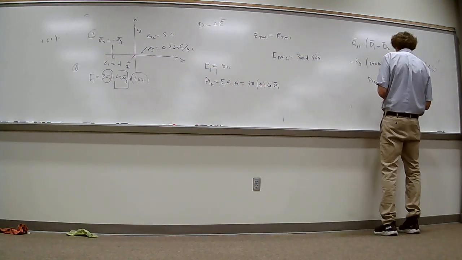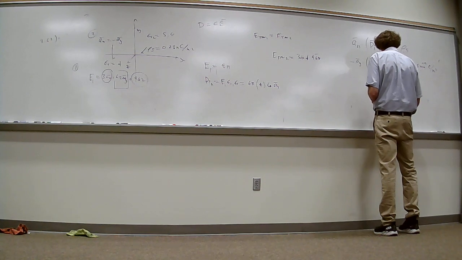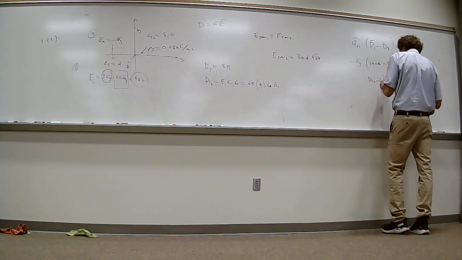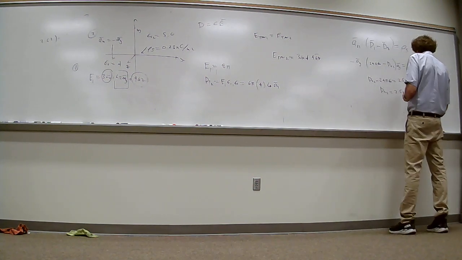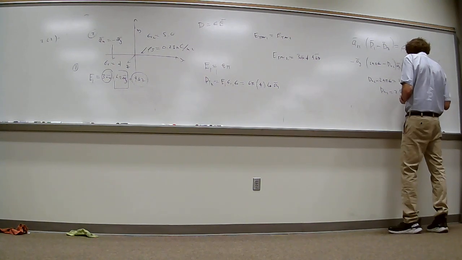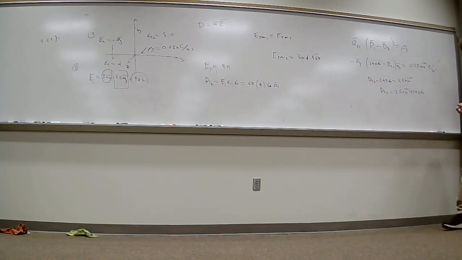Now to get D normal 2, that's going to be 2.5 times 10 to the minus 10th, plus 24 pi epsilon naught. Now that would be the D field. We could calculate that. Does he ask for the E field in region 2? Yes. Okay, so that's the D field in region 2.